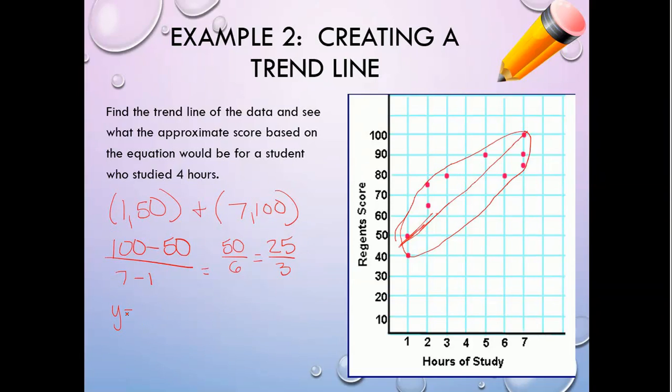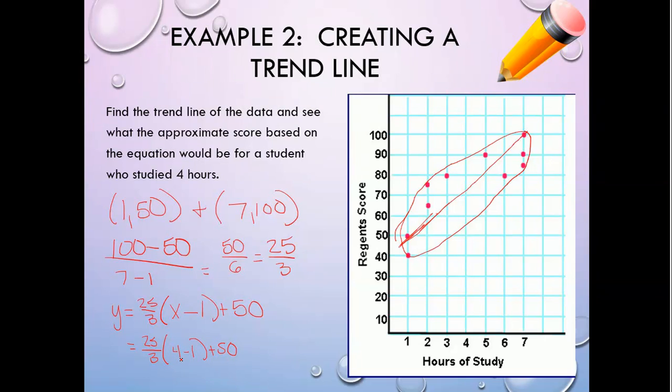So I get y equals 25 over 3, times (x minus 1), plus 50. Now what I can do is plug in a 4 for my x, because that's how many hours we want to know about. So I'll go 25 over 3, times (4 minus 1), plus 50.